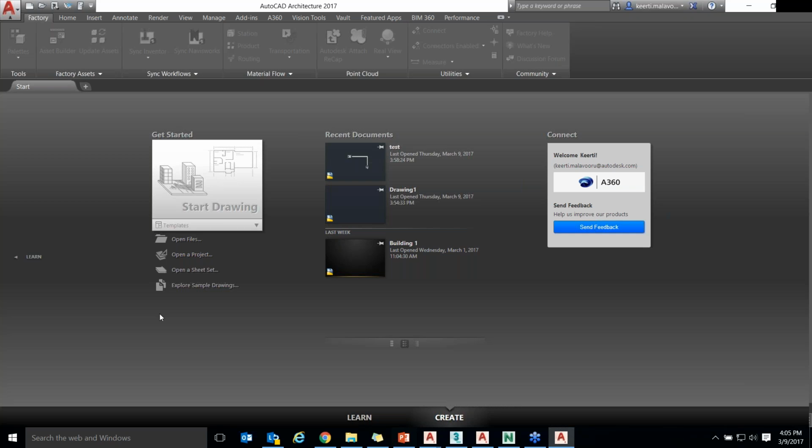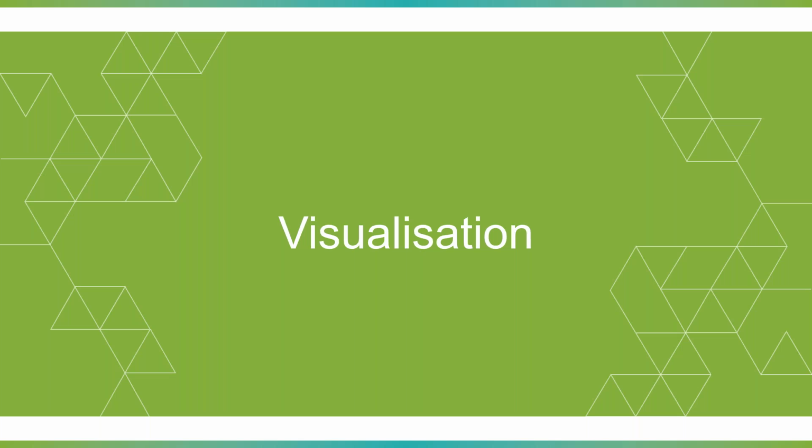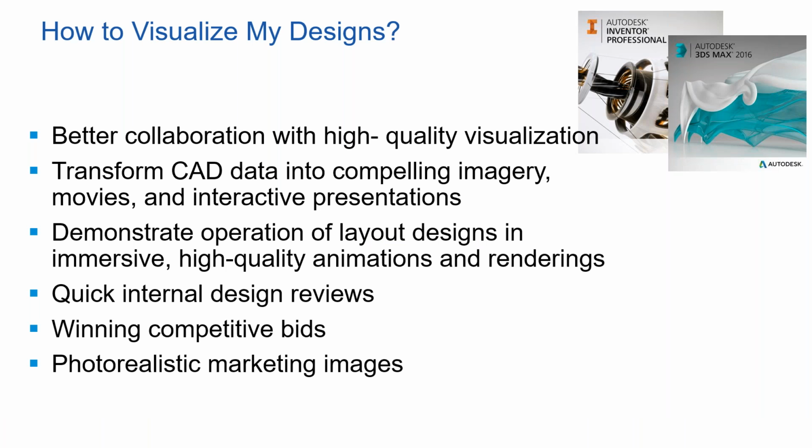And lastly, maybe for our initial bidding process, or for my technical publications, or for my marketing, we need to create a lot of different types of renderings and animations that are required to complete my entire design process.